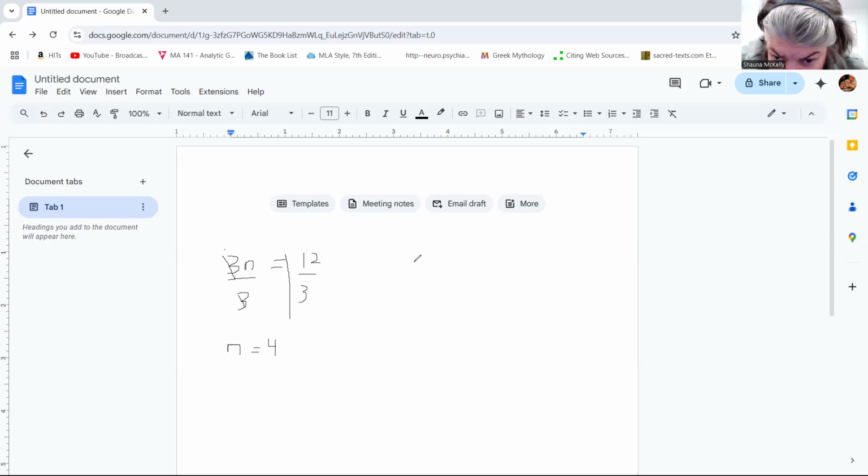Now, I'm going to show you something here. Let's say I gave you -5n is equal to 15. Sometimes students are confused here. Is this multiplication or is this addition? Well, what are you trying to get rid of?